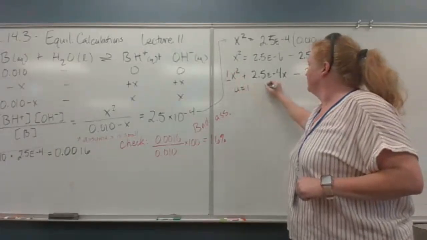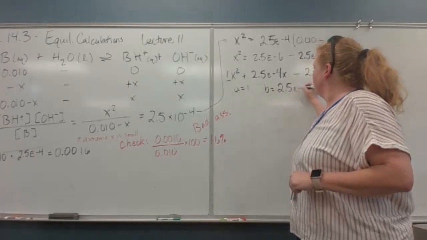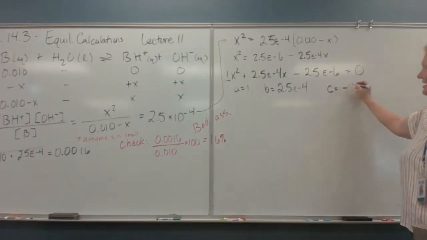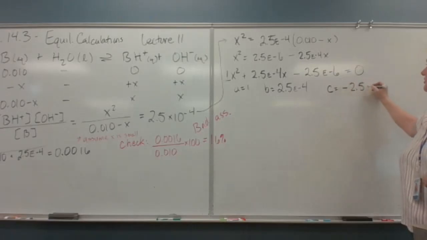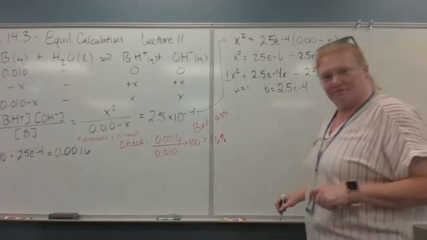So A is 1, B is 2.5 times 10 to the negative 4th, and C is negative 2.5 times 10 to the negative 6. Okay.